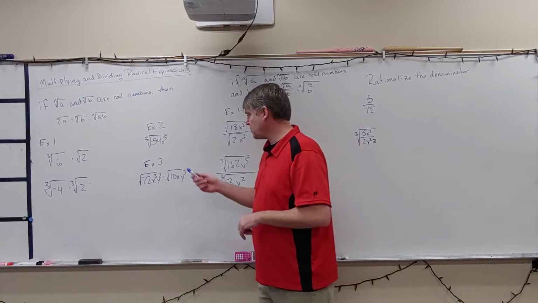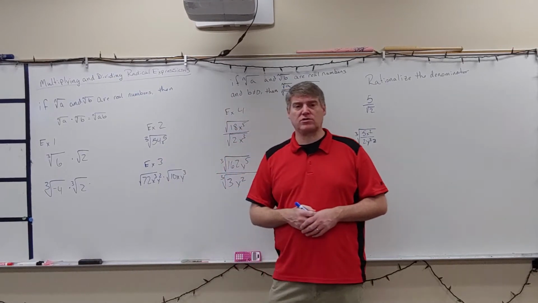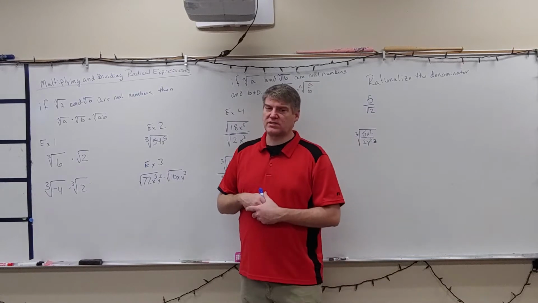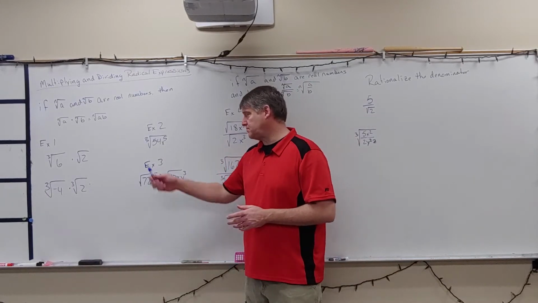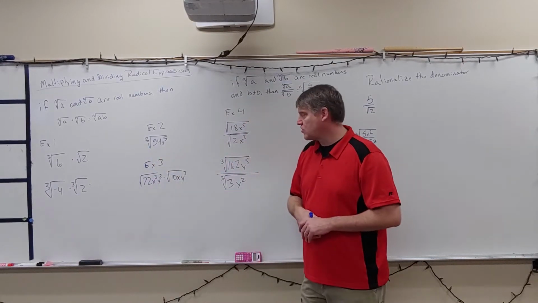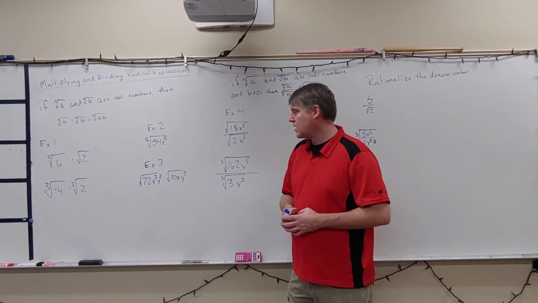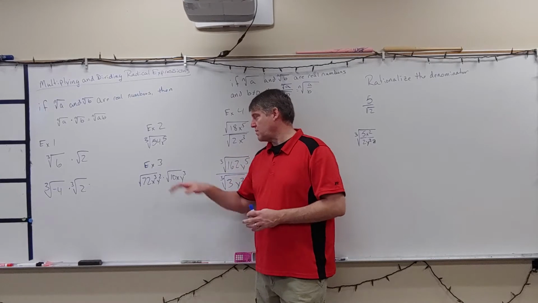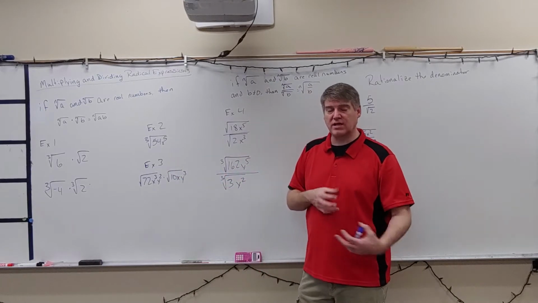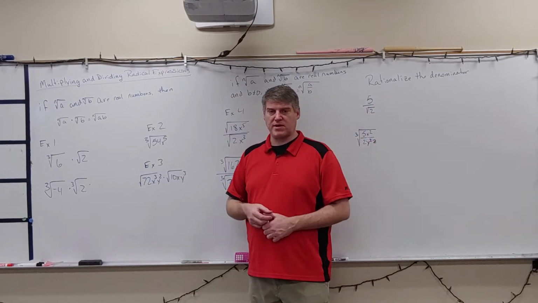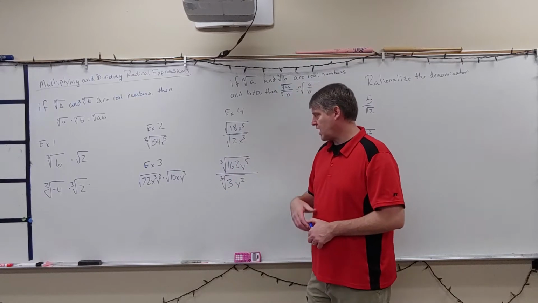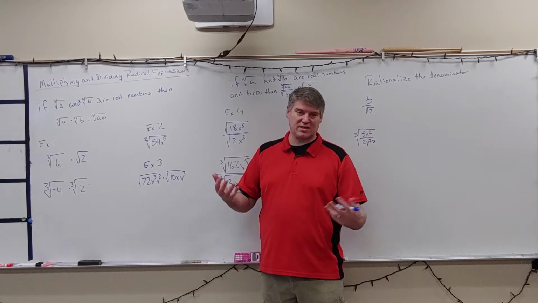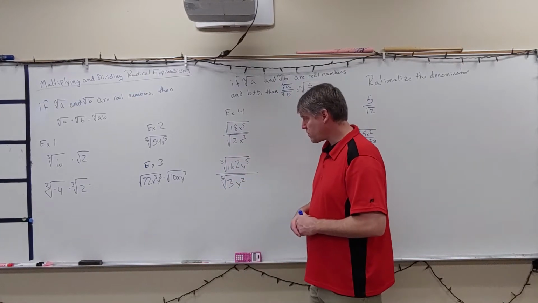We're going to talk a little bit about simplifying now. When we're simplifying, we're going to simplify in pieces. So this is the cube root of 54 times x to the 5th. I'm going to talk about how the book does it, and then another approach that is basically identical to the book.